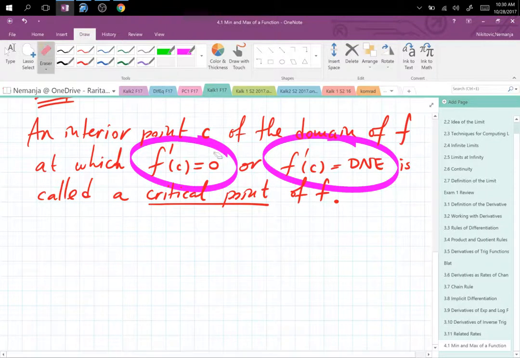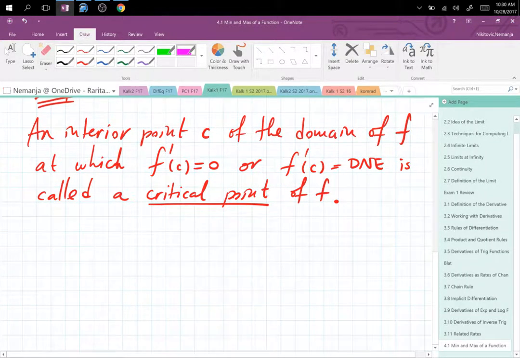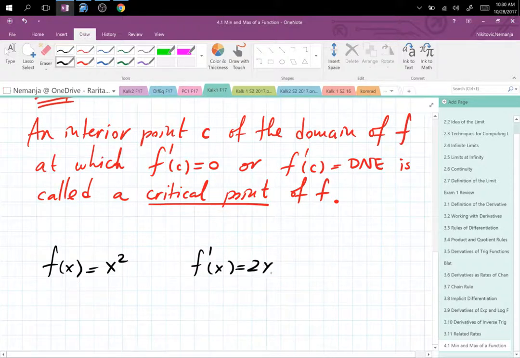So let's figure out cases. You have to be very careful with these types of analysis, and you have to think and pay attention. Otherwise, you are going to write some nonsense that will make no sense whatsoever. For instance, if we start with f of x equal x squared, to find the critical number, we take the derivative, which is 2x, and we set that equal to 0.